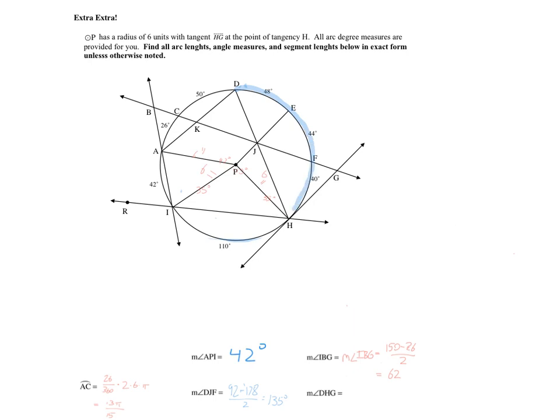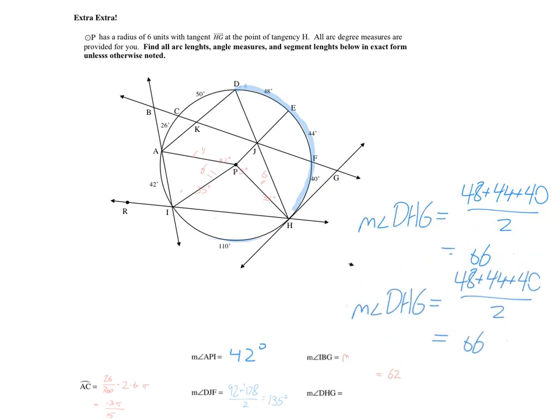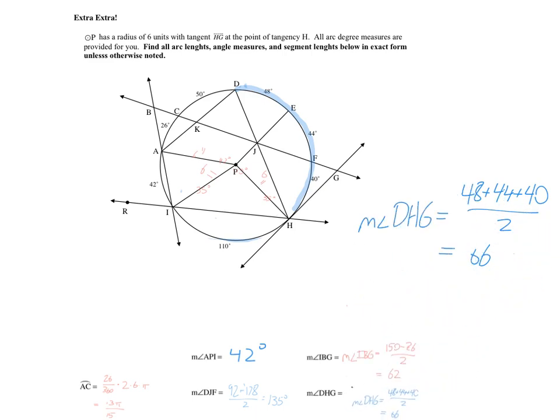So the measure of angle DHG is going to be 48 plus 44 plus 40 divided by 2, which is equal to 66. So that would be our answer there. Let's shrink this down to size.